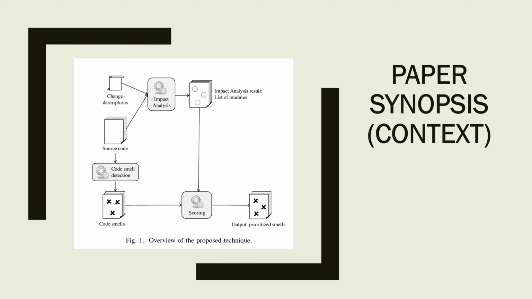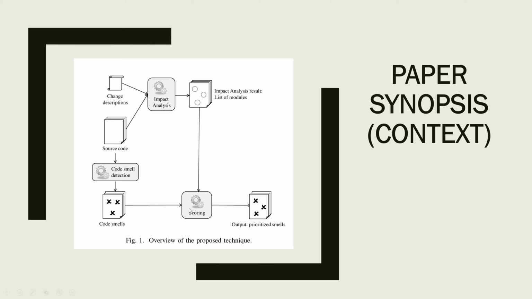This diagram shows the overview of the proposed technique. The authors use impact analysis to obtain a list of modules that are likely to be the targeted modules of each change description. They use code smell detection to generate a list of code smells by applying existing code smell detectors to the source code of the focused projects.